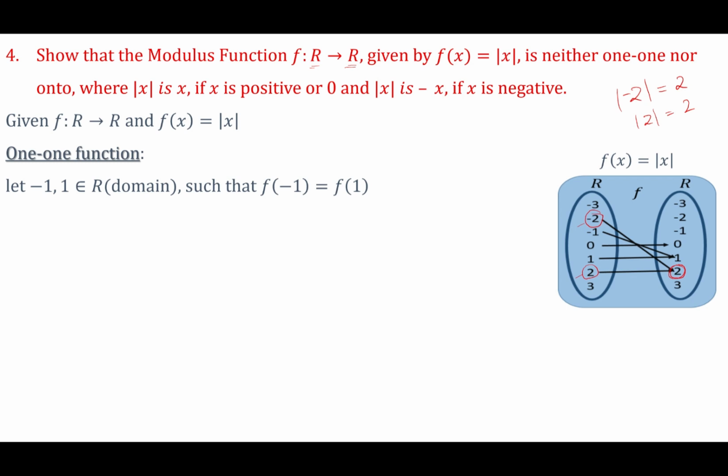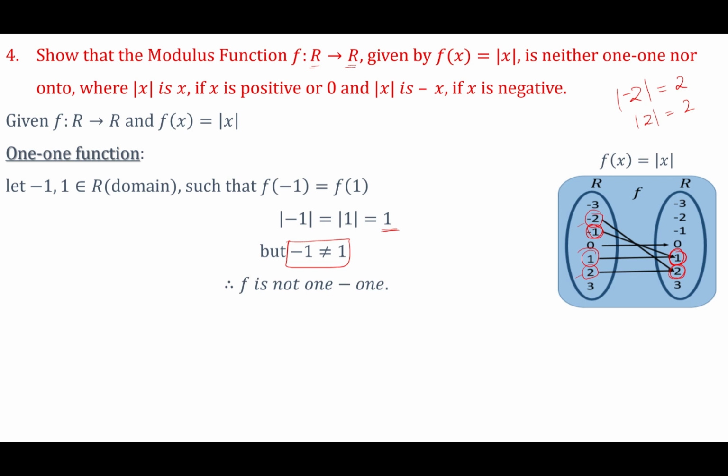F of -1 is nothing but modulus of -1, and f of 1 is modulus of 1, which gives you the positive result too. Check. The modulus of -1 and modulus of 1 gives you 1. But -1 is not equal to 1, which means the given function is not 1, 1.